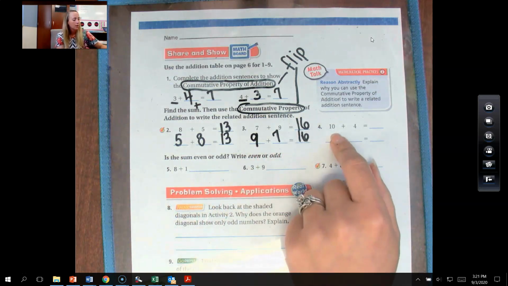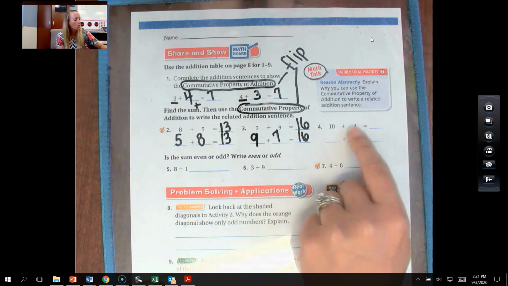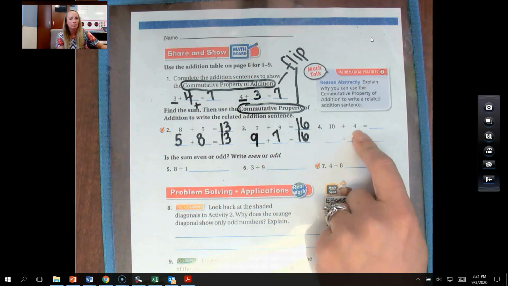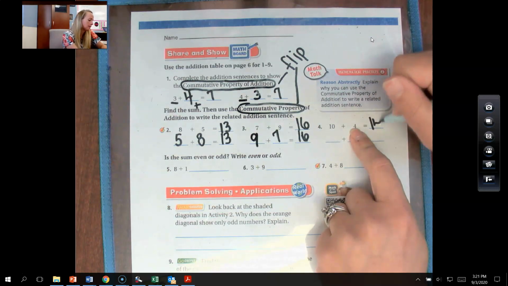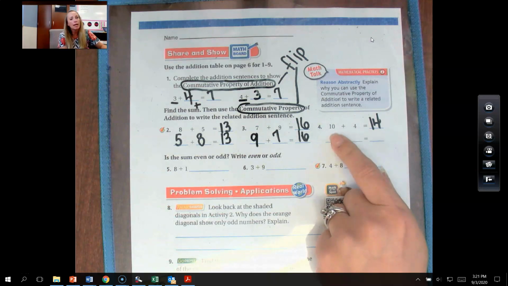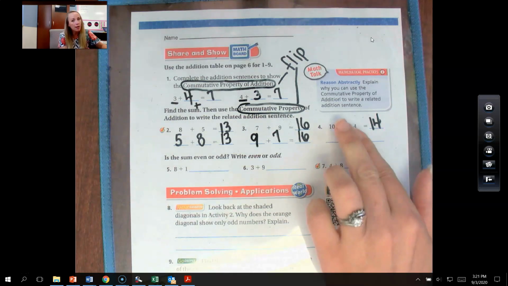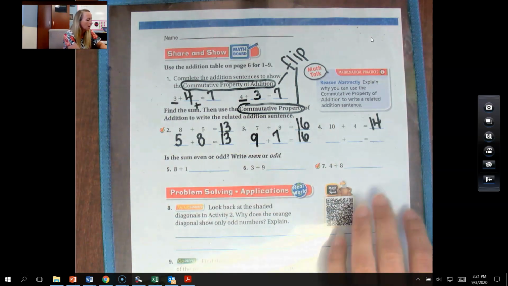Number 4, 10 plus 4. What is 10 plus 4? 10 plus 4 is 14. So how would I show the commutative property of 10 plus 4? I'm going to flip-flop those numbers.